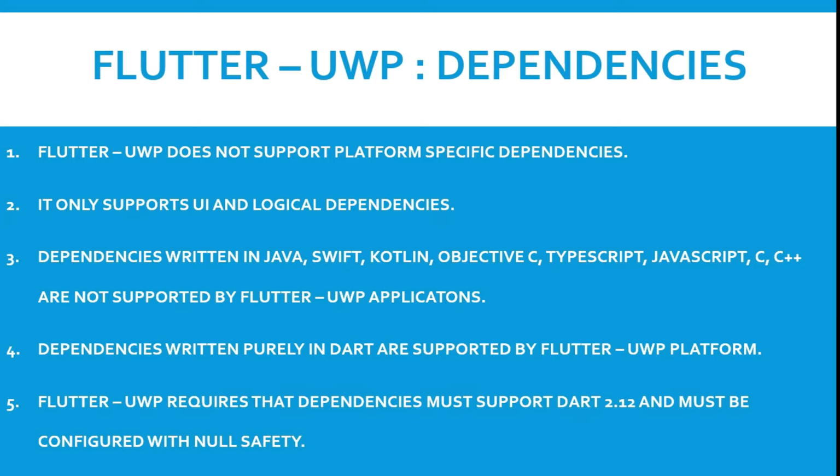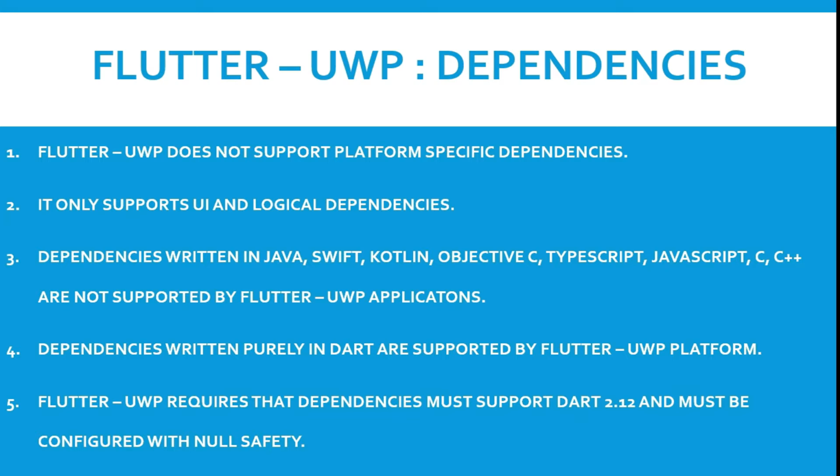That means dependencies made specifically for Android written in Java or Kotlin, or for iOS written in Swift or Objective-C, are not supported by Flutter UWP. It only supports UI and logical dependencies as of now.